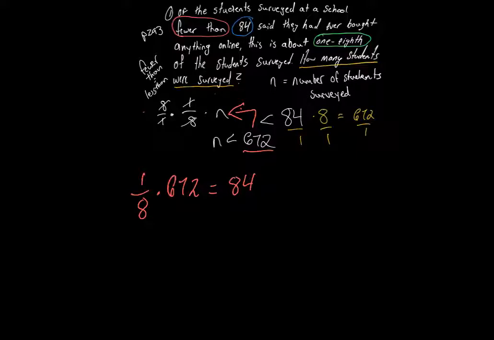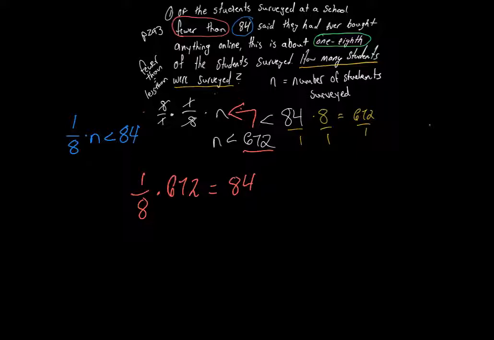And I just plugged that back in to what we first started with. If you remember, 1/8 times n is less than 84. That's what we solved for. And all I did is I took my answer and I plugged it in. Okay? When you solve for this, 1 over 8 times 672, if you put that into a calculator, or if you did 672 divided by 8, you would get 84.